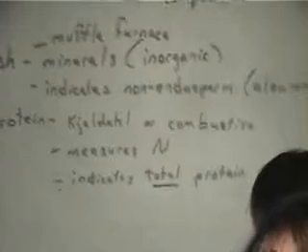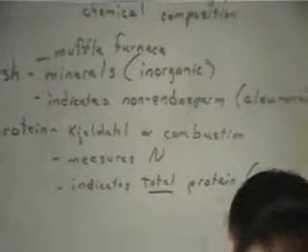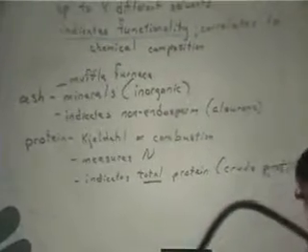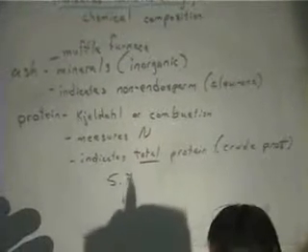Or crude protein. So total protein, or technically crude protein, you're right. But it's not just gluten. 5.7. Yeah, that's good.